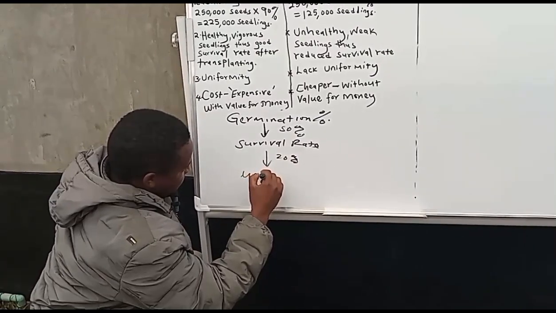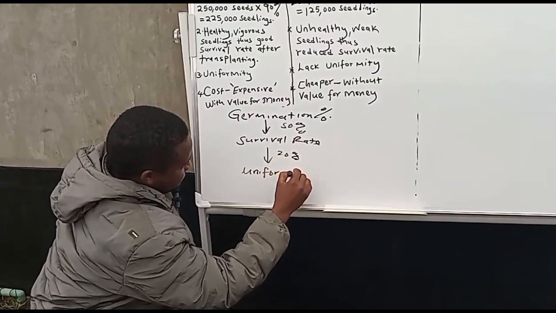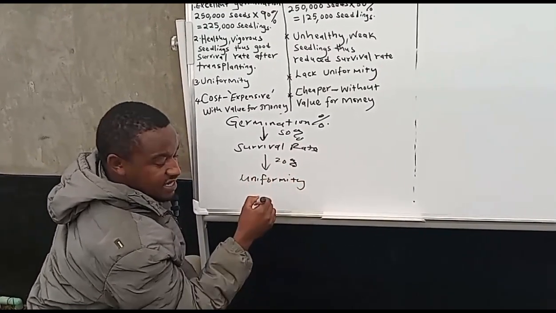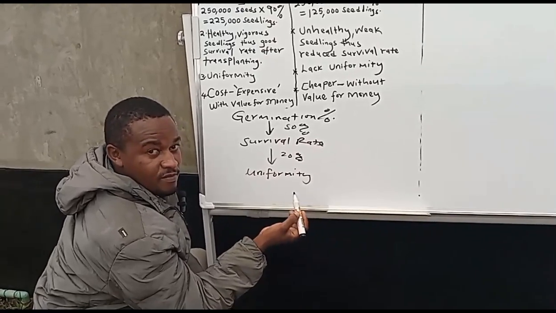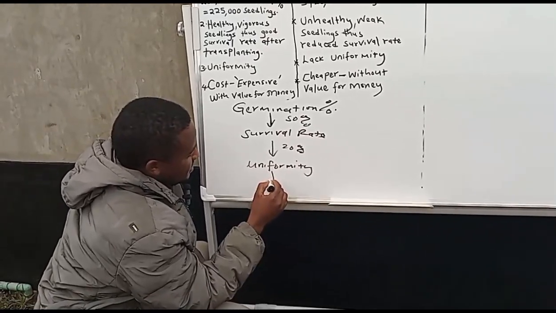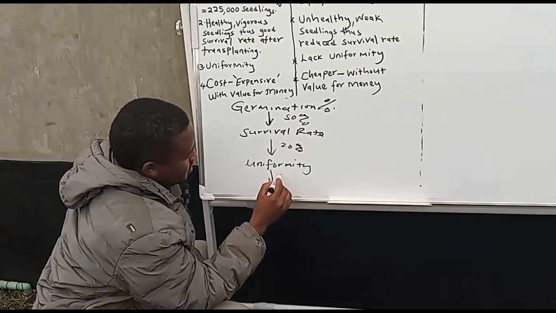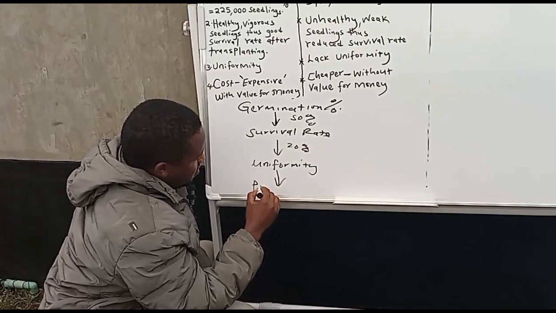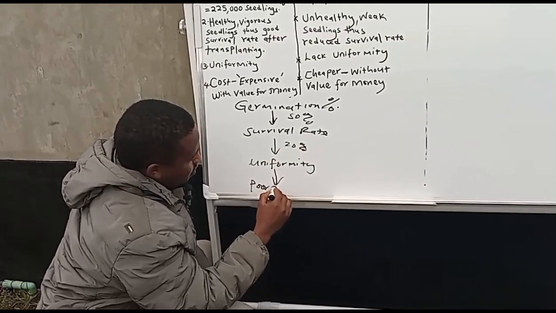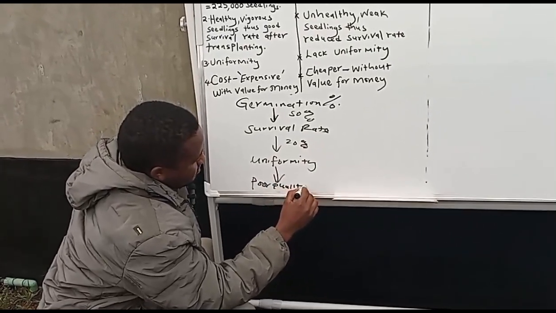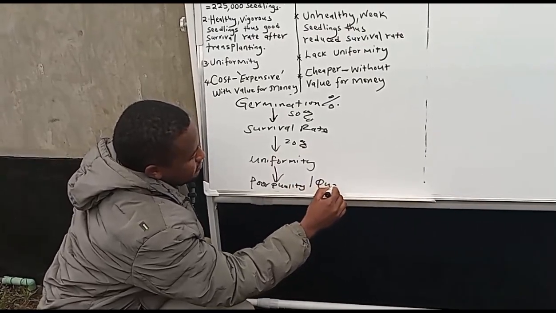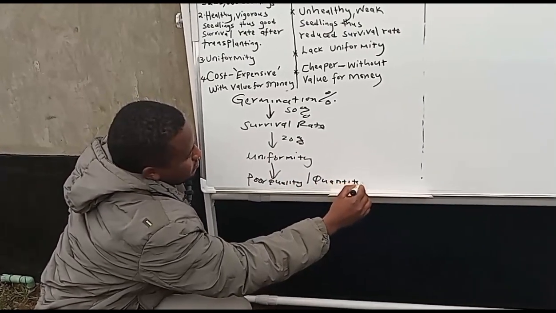We also mentioned something about uniformity. Again, you end up with very non-uniform bulbs. What does this take you to? It takes you to poor quality and even poor quantity of yield.